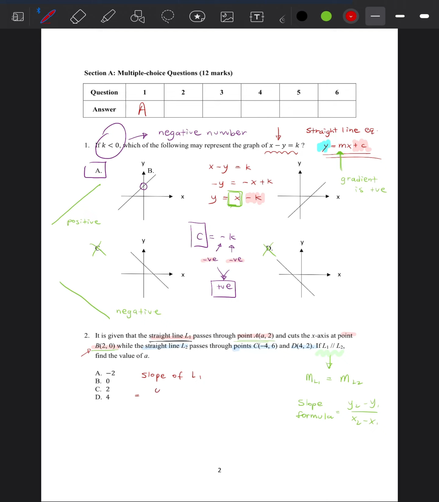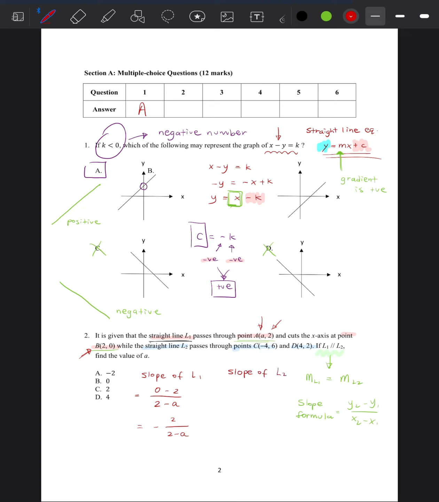The y-coordinate of point B is 0, and then minus the one in A, so you've got this. We start with point B as well: the x-coordinate is 2, and then you minus this one here, which is A, so you've got minus 2 over 2 minus a. This is your slope of L1.